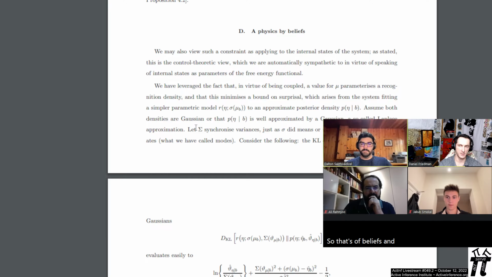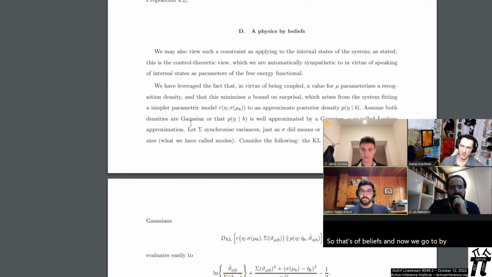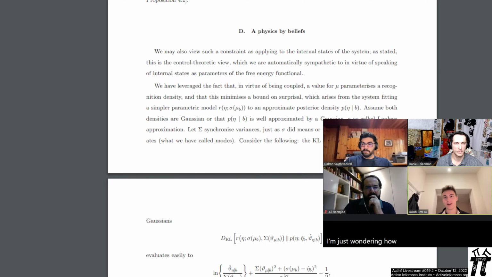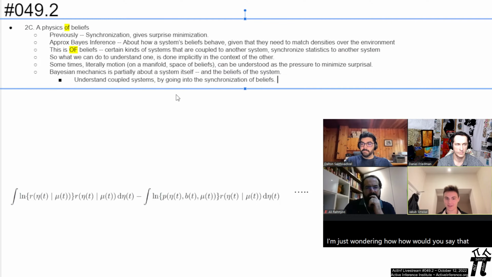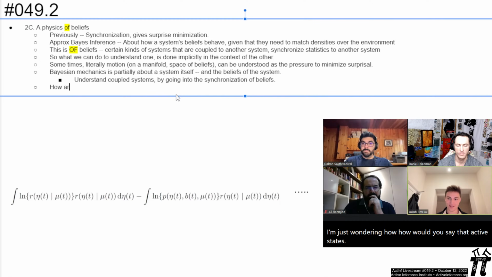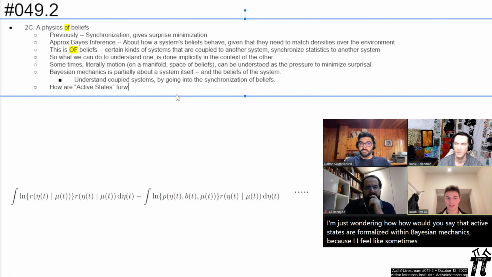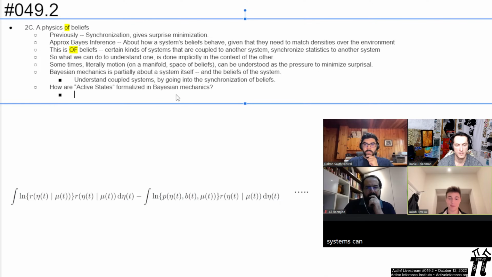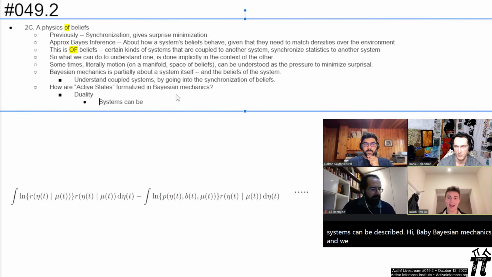And now we go to physics by beliefs. Oh, first, Jakob. Yeah, I'm just wondering how you would say that active states are formalized within Bayesian mechanics? Because I feel like sometimes there's this kind of duality where we can say that systems can be described by Bayesian mechanics, and that they act as if they're performing Bayesian inference.